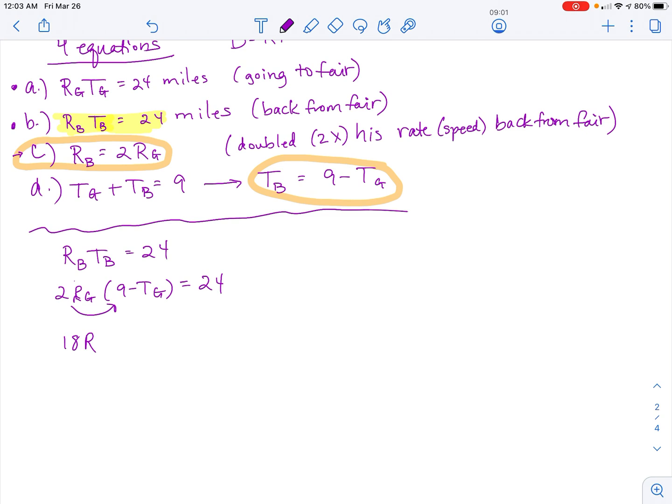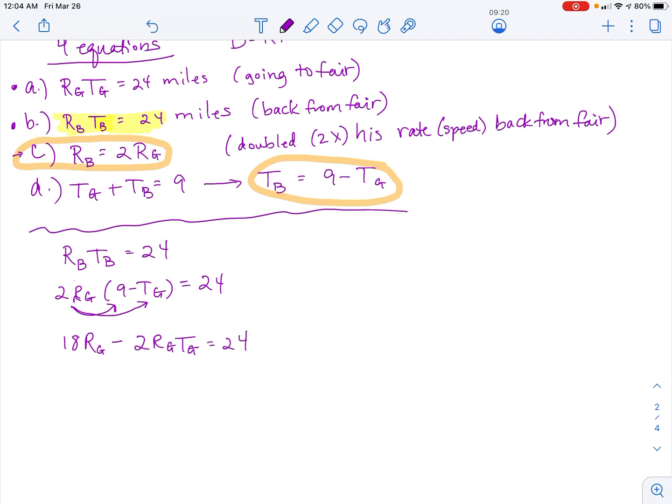There we go. So I have 18R sub G. And then I'm going to take this and multiply. We're going to have minus 2R sub G T sub G equals 24.